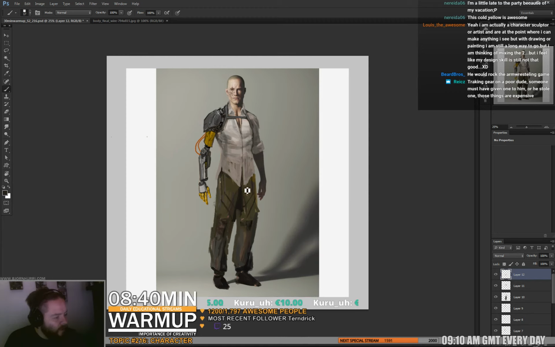But I thought let's make something more interesting. So we got some more interesting shapes. Let's continue these line designs. I kind of like them, so let's go with that. Let's see where that leads us.